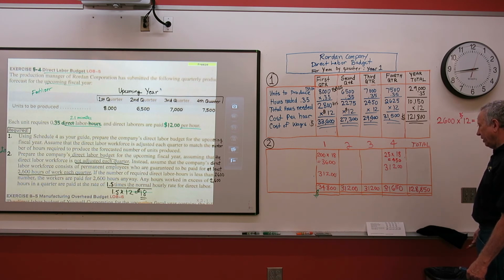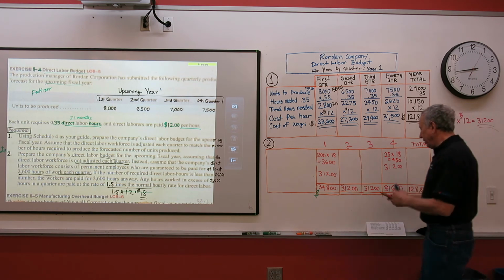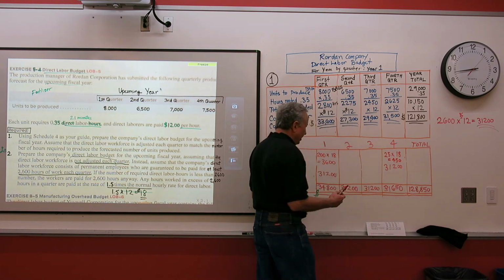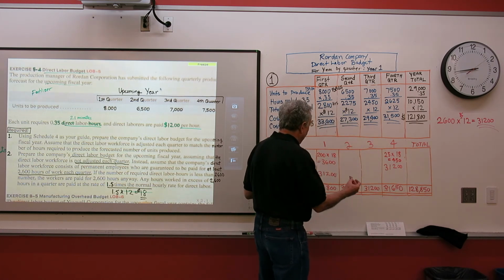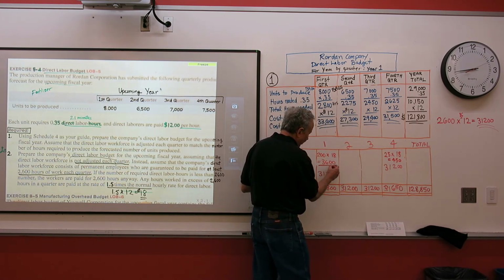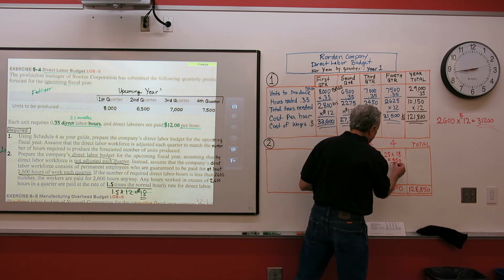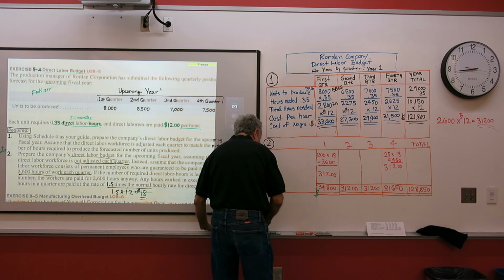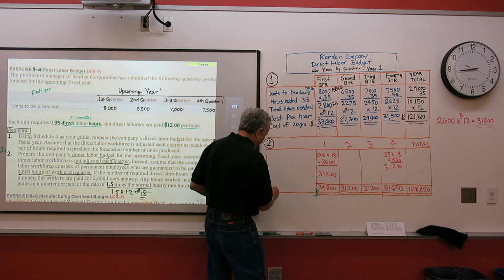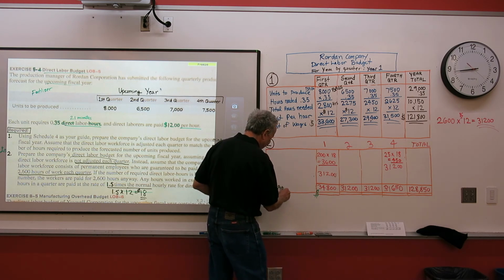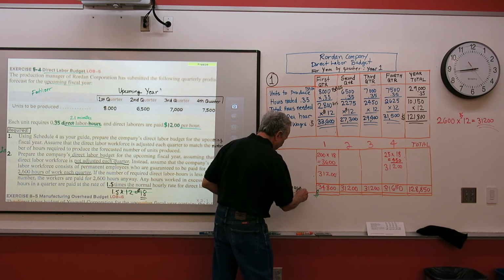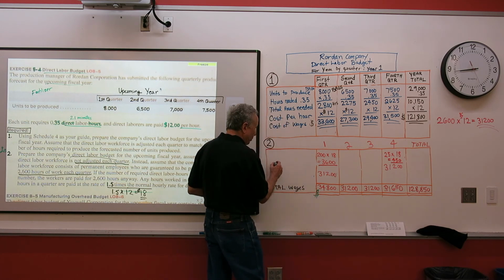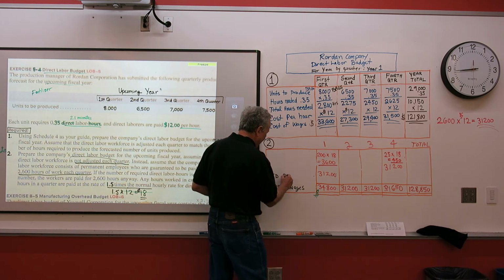I think the only thing I would say is that it is nice to know that this has two components. There's standard pay and there's overtime. If I was going to do anything, I might put another title here. I'd put a label down here, total wages, and then maybe standard pay, STD, and then overtime.